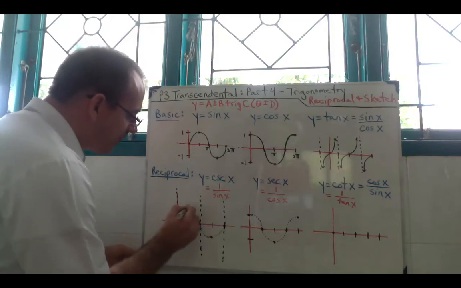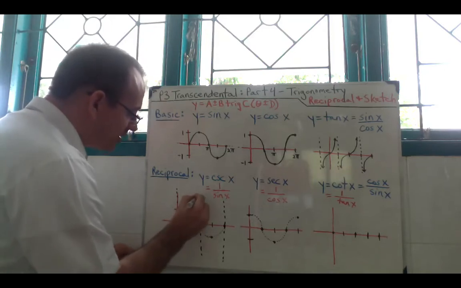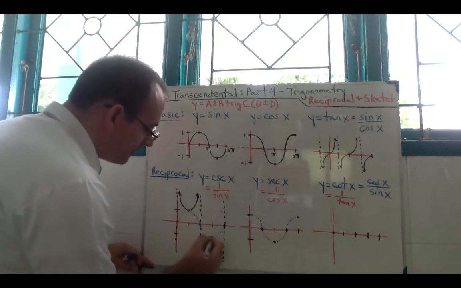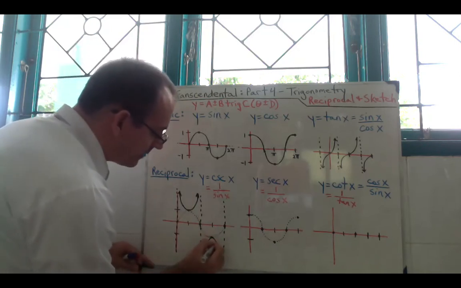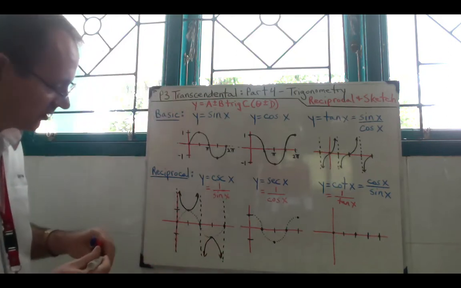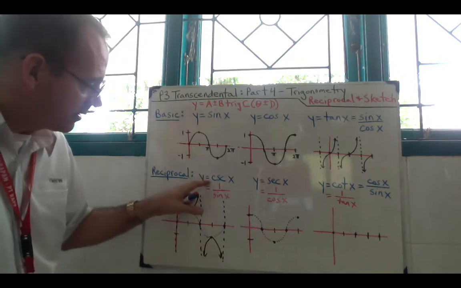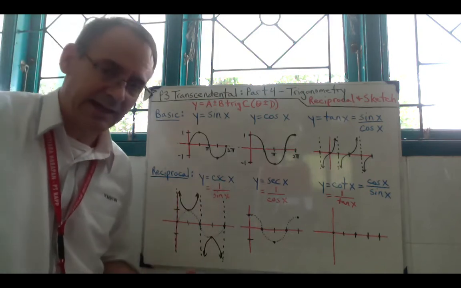So now our graph will go from here up towards this fence, and up towards this fence, down towards this one, down towards that one. And so these solid lines here are the graph for y equals cosecant x.